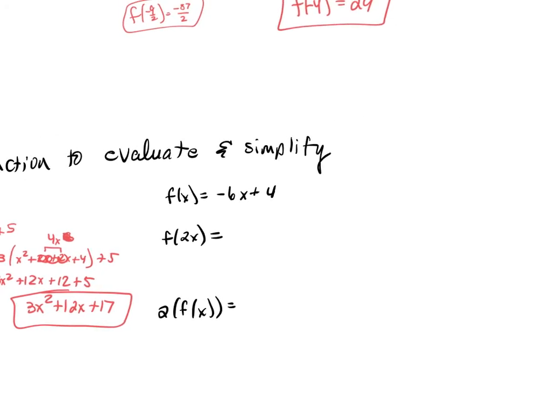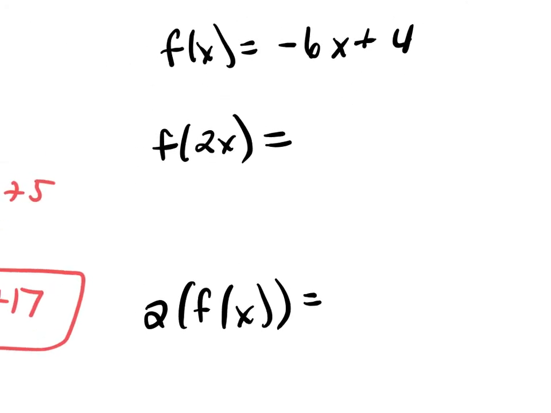So if I look at this, guys, what is the difference here? Do you see that the 2's are in different spots? All right, in this first one, they want me to take 2x and plug it in for x. In the second one, what do they want the 2 to do? When that 2 is stuck out in front, what do you think they're asking you to do?